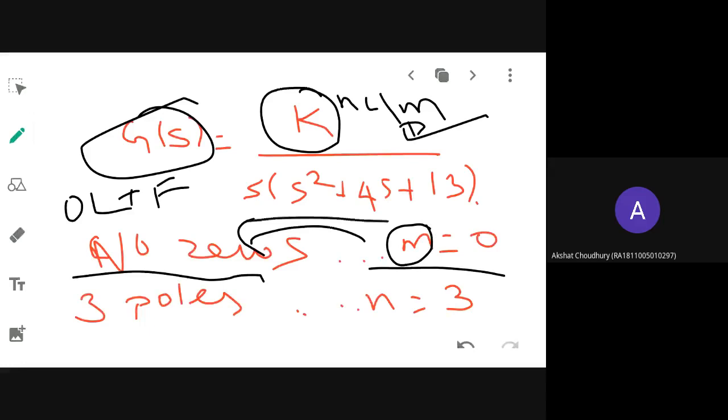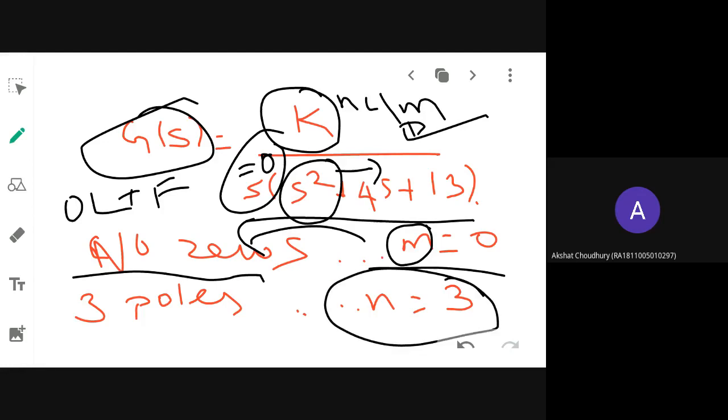There is a pole located at the origin, and two more poles result from the quadratic polynomial. So the total number of poles for this case is n equal to 3.